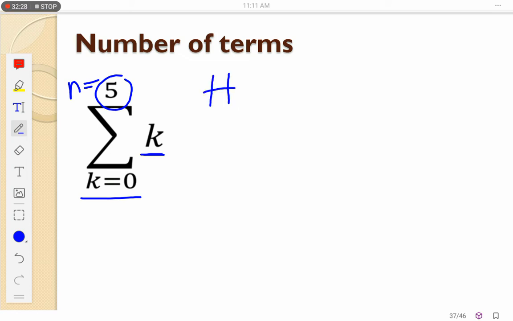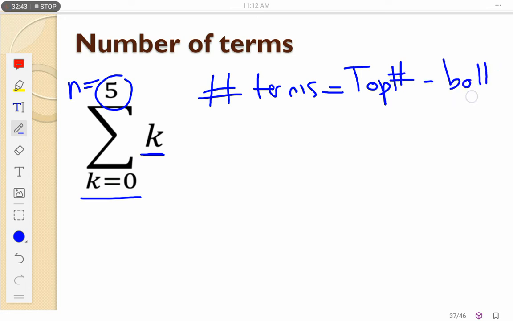The number of terms is equal to top number minus bottom number, then plus 1. So I'm saying top number minus bottom number plus 1.